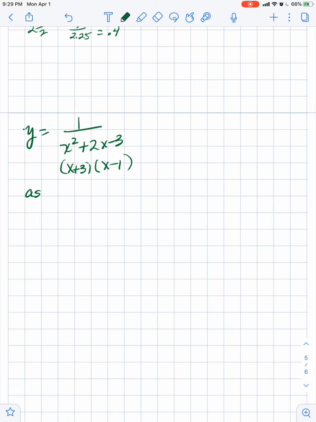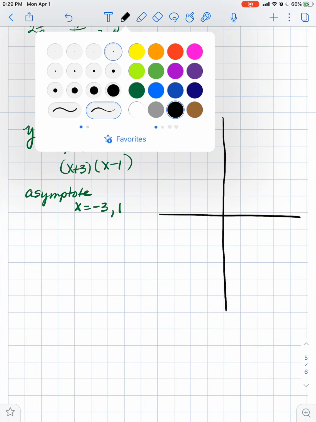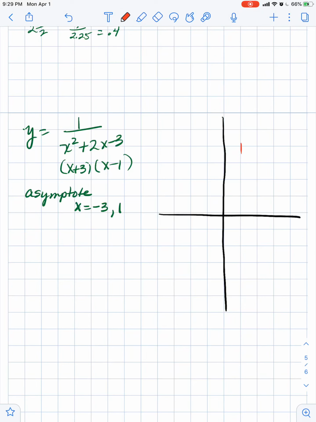So in this case, my asymptotes are going to be -3 and 1, okay? So when I go to draw, my asymptotes are going to be, again, at 1 and a -3. And then I'm still going to have this one at 0, okay?